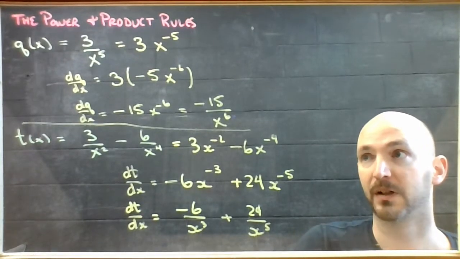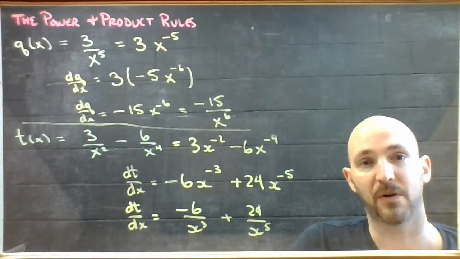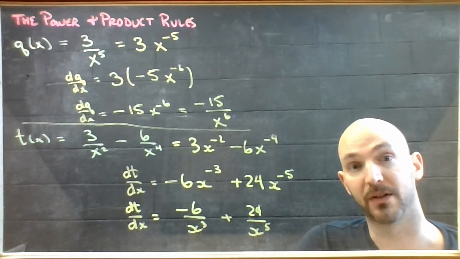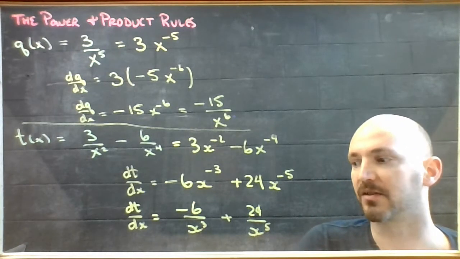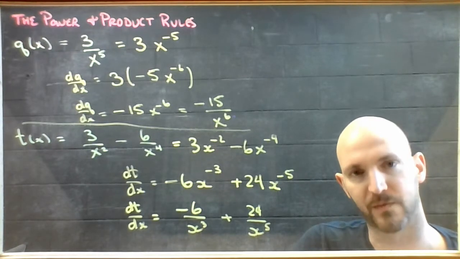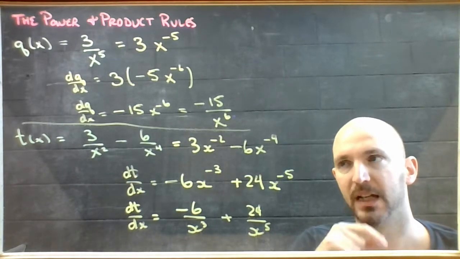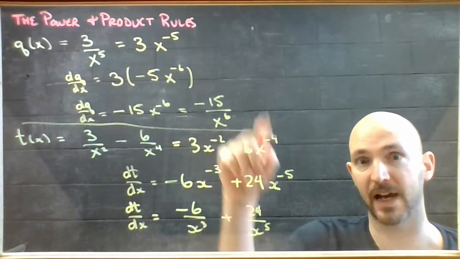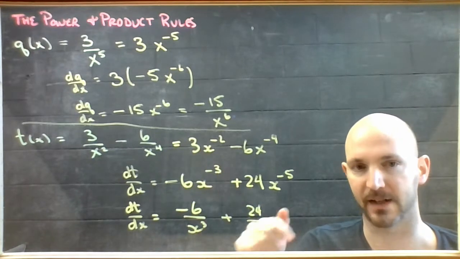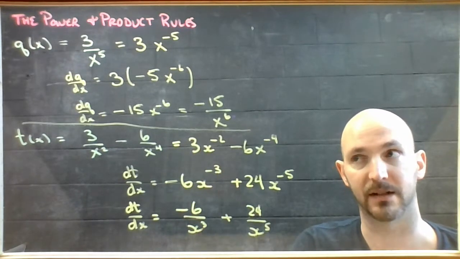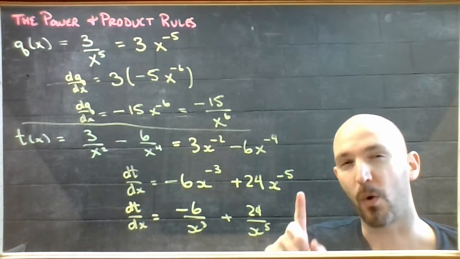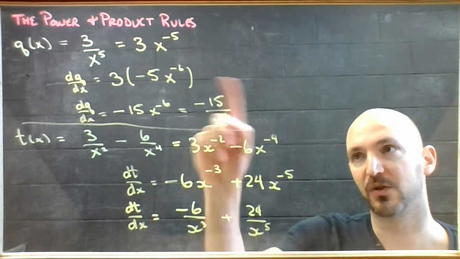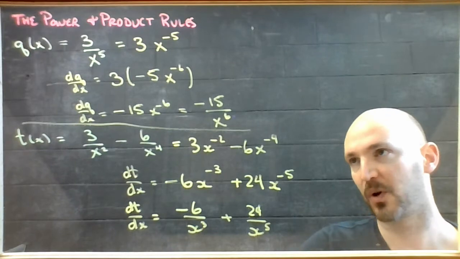And there you go. So the power rule is handy because it applies to polynomials, right? Powers x squared, x cubed, x to the 4, etc., all the way up. It also applies to rational expressions, which are all the x's with negative exponents, x to the negative 1, x to the negative 2, x to the negative 3, etc. And there's one more type of function that you could write as an exponent.